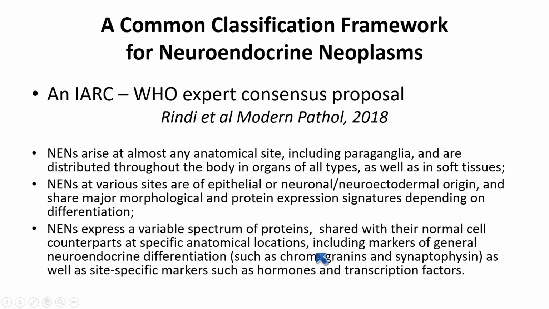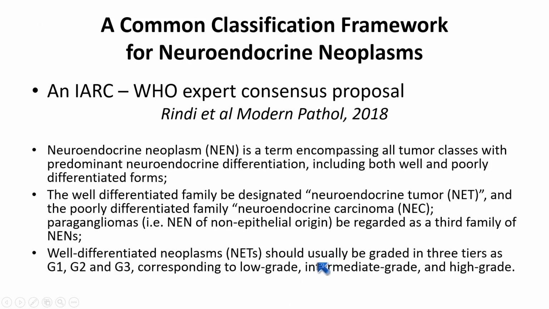So we need to address this as an entire family. And what we agreed upon was that neuroendocrine neoplasia is that overarching family. And then we have both well and poorly differentiated neuroendocrine neoplasms of epithelial tissues and a third family of paraganglia.